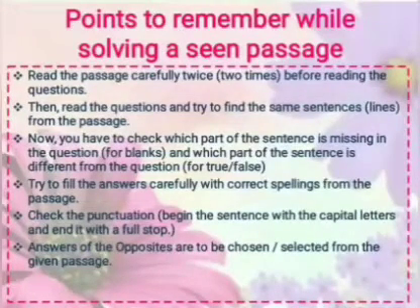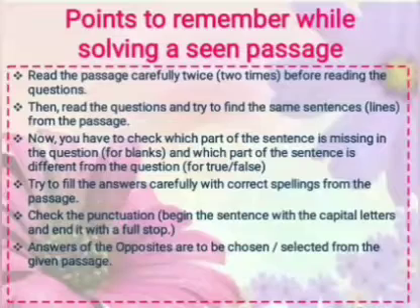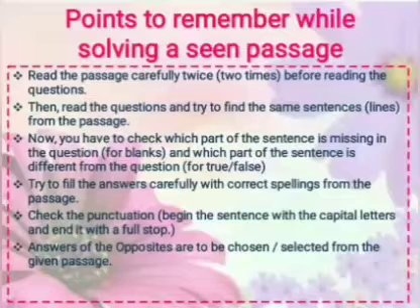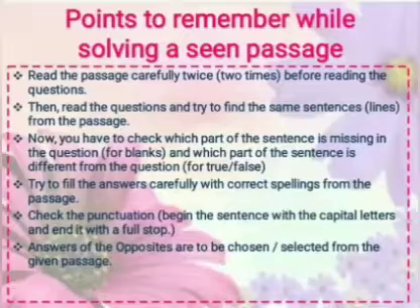The other important thing that you have to keep in mind is to find the correct opposites from the given passage. For example, if the word in your question to find the opposite of is ugly, everyone knows that the opposite of ugly is beautiful.